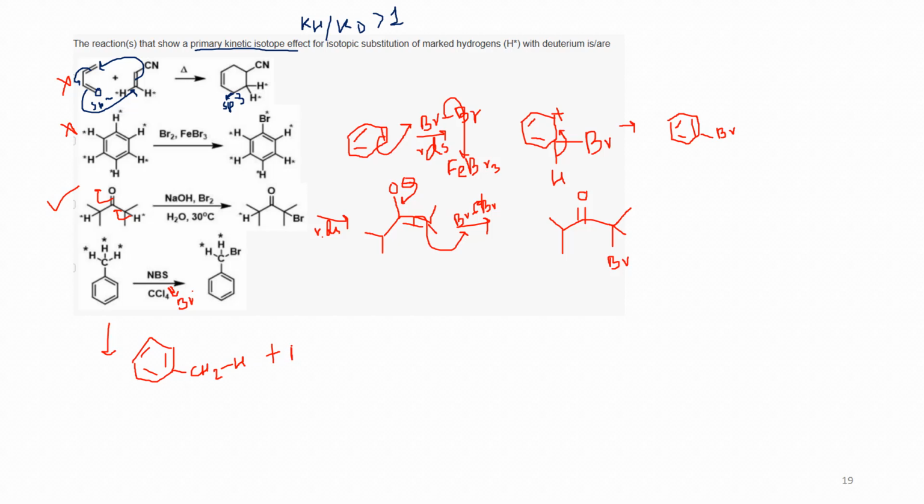This Br dot will take up one hydrogen and generate a CH2 dot, and that will take another Br dot and form our desired product.